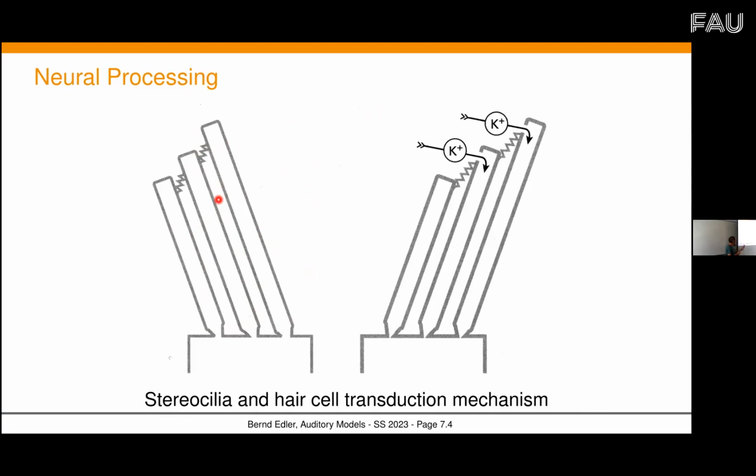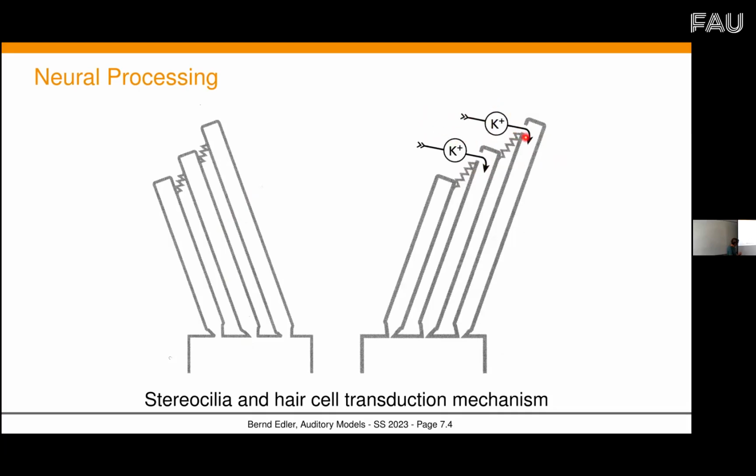If they are bent to one side, in this case to the left side in this graph, they are just closed, so nothing happens. But if they are moved to the other side, you can see that there are some connections here, and by their construction, there are some openings of those tubes.